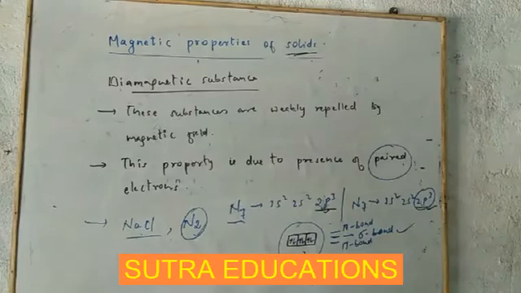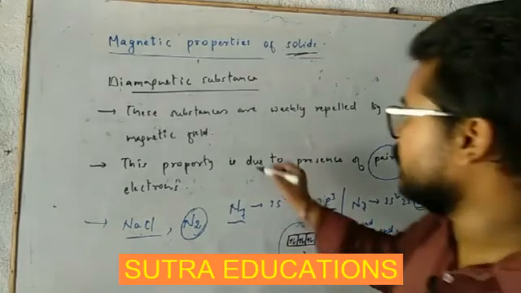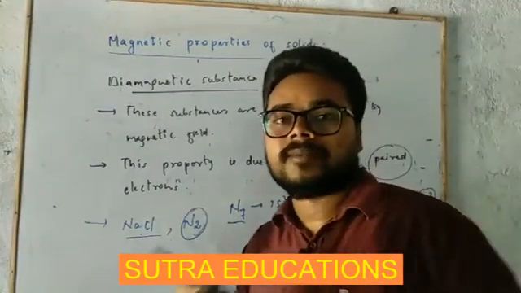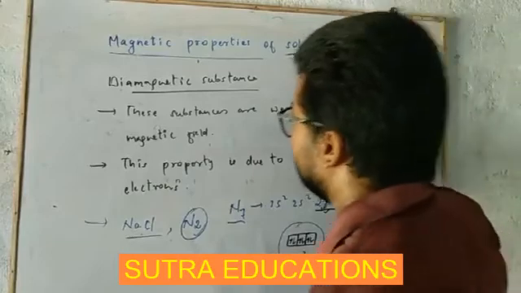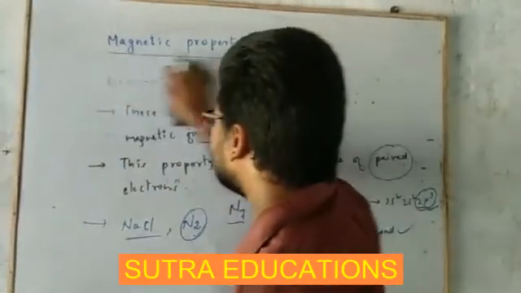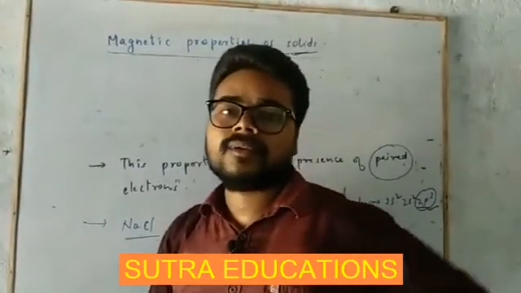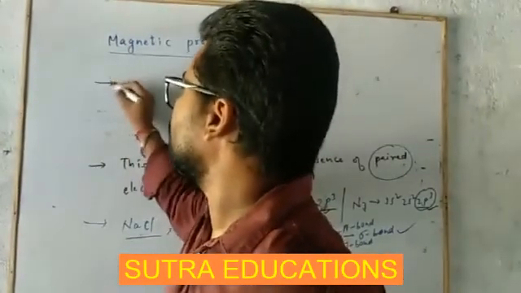But when it comes to oxygen, O2, then O2 is not a diamagnetic substance. Just try to remember this, okay. O2 is like N2, but O2 is not diamagnetic.